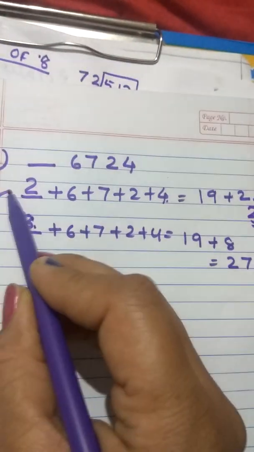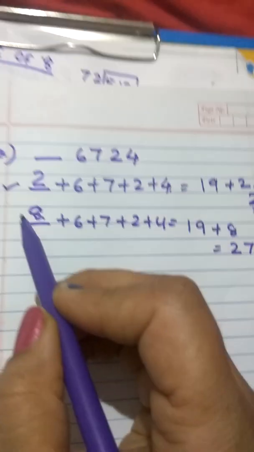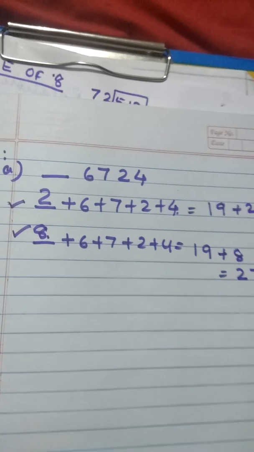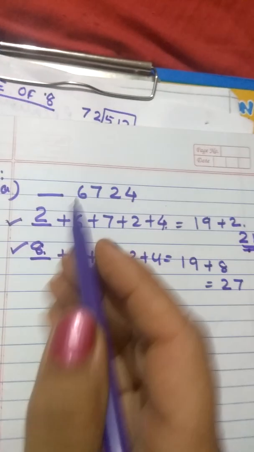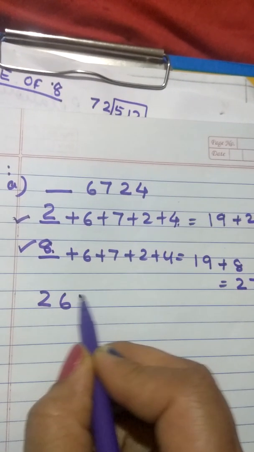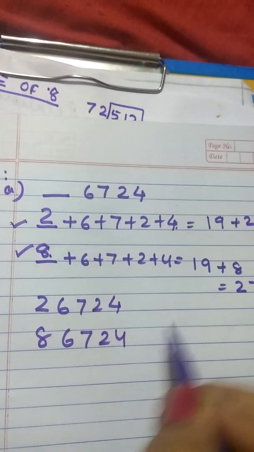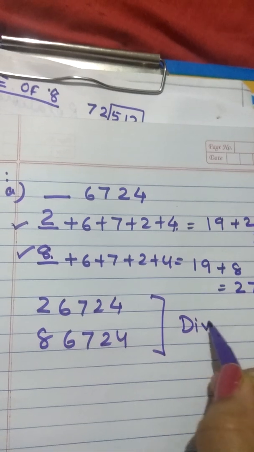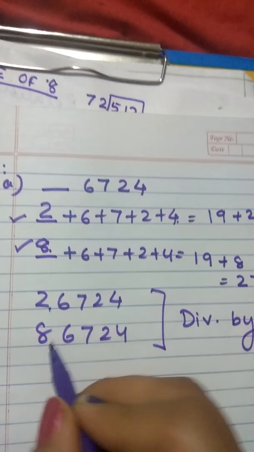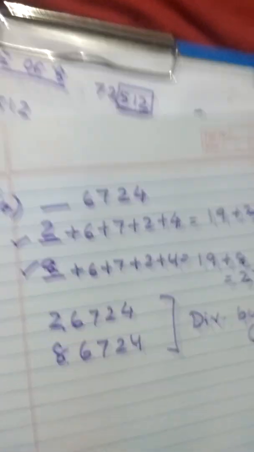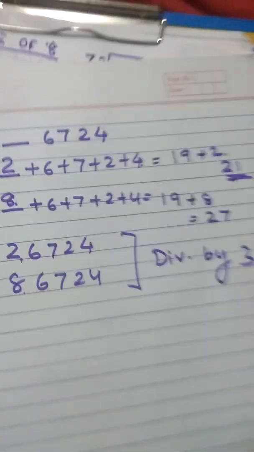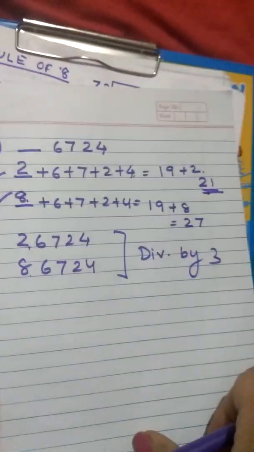So the smallest possible digit we can put here is 2, and the greatest possible digit is 8. So in both cases, if the number becomes 26724 or 86724, this will be divisible by 3. So 2 and 8 are the answers. Thus you can solve the exercise questions like this. Thank you.